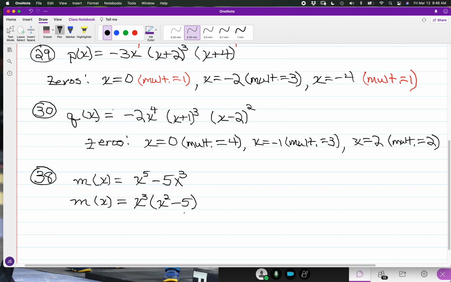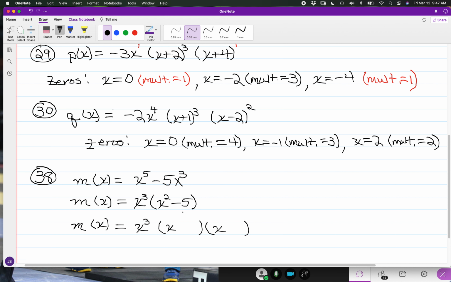And this is where the outlier comes in. I'm going to factor this out, but 5 as an integer is not a perfect square, at least not in the whole numbers. For x squared minus 5, you have a difference of squares. From x squared, I'm going to have x and x.